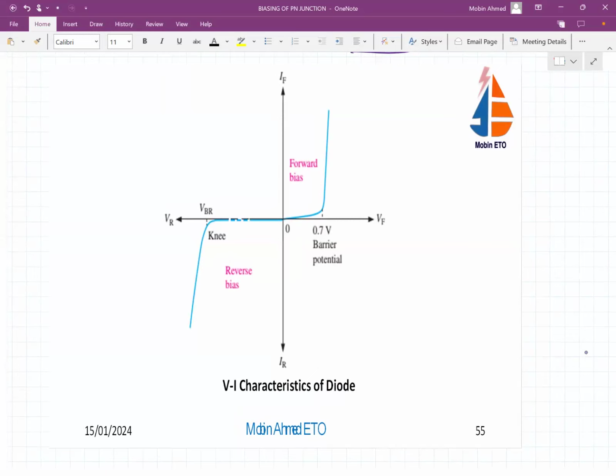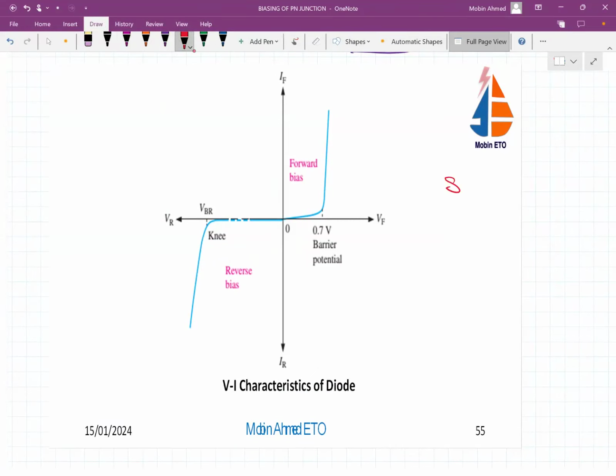If it is made of silicon, the silicon semiconductor, then 0.7 volt is the barrier potential. After 0.7 volt, it is forward bias conducting, so the forward current is going to increase. Till then, it is in the blocking state.